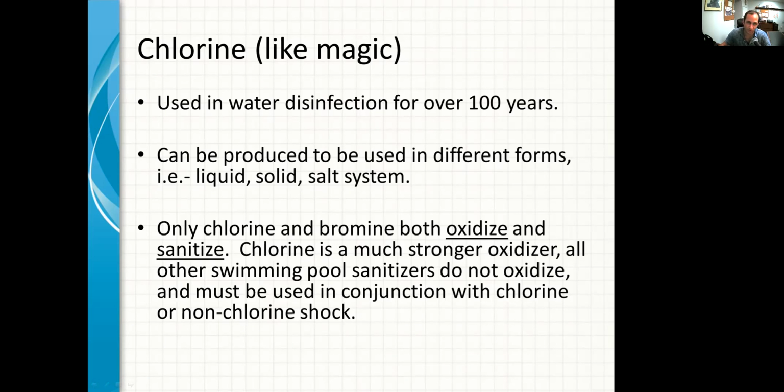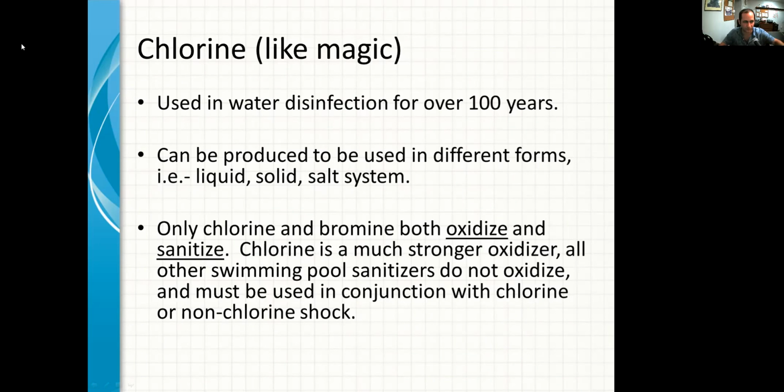So chlorine's been used in water disinfection for over 100 years. So there's some history behind it. It's relatively safe, as has been proven by the history of using it for that length of time. And it's convenient because it comes in different forms. You can get it in solid form, liquid form.